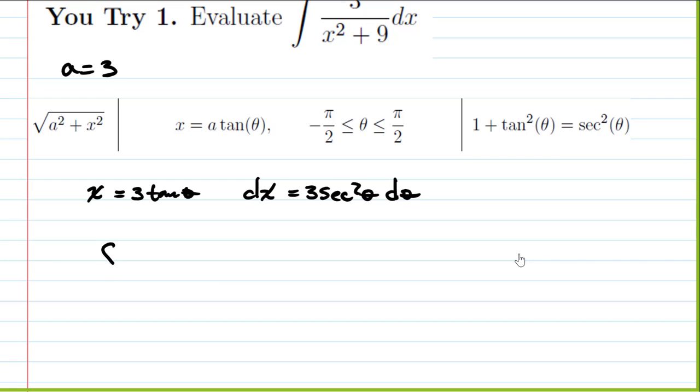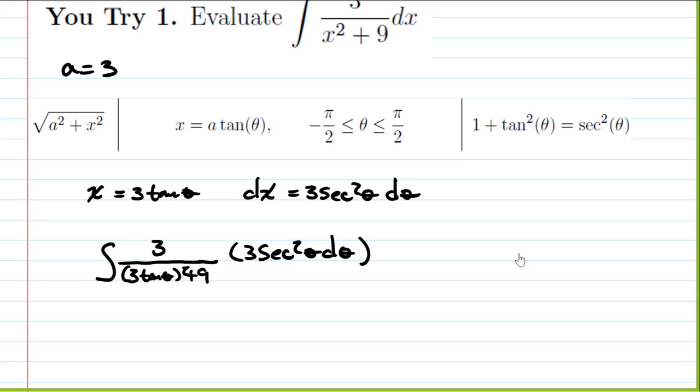So we substitute into our integral, and we have 3 over 3 tangent theta squared plus 9 times dx, and our dx is going to be 3 secant squared theta d theta.